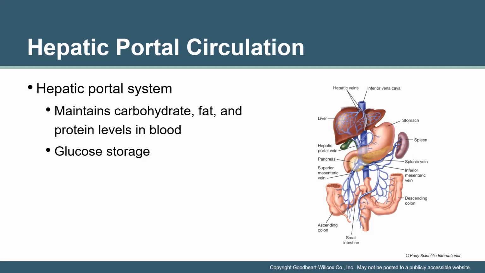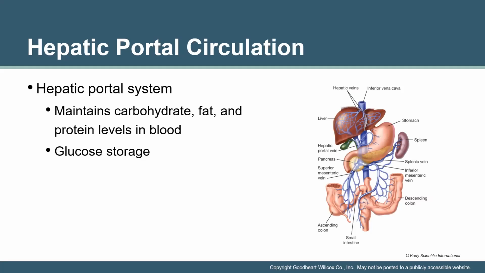There's something called the hepatic portal system. This plays a vital role in maintaining proper carbohydrate, fat, and protein levels in the blood, whereas the arteries of the systemic circulatory system deliver blood to different parts of the body. The veins of the hepatic portal circulation system will supply blood only to the liver. That's a big deal.